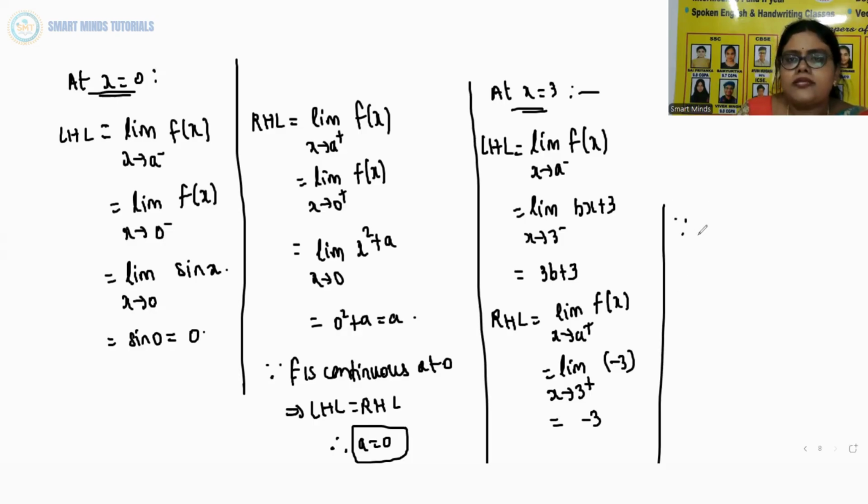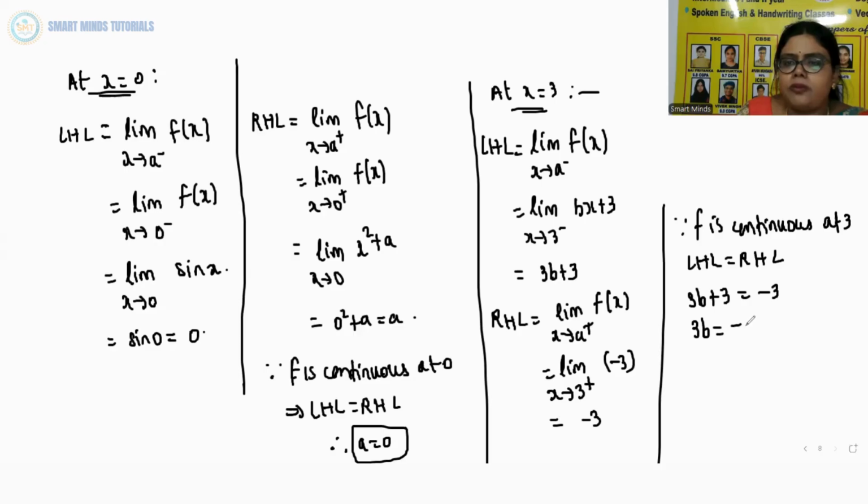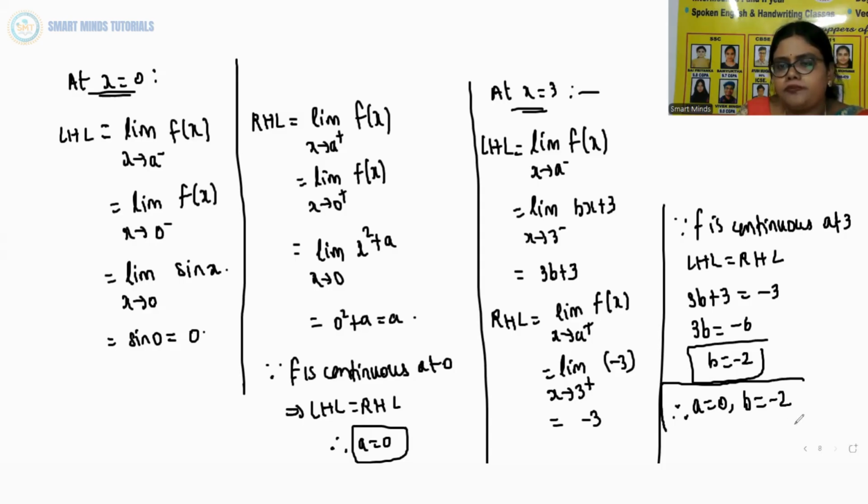Now again, since f is continuous at 3, we can write left hand limit is equal to right hand limit. So 3b plus 3 is equal to minus 3. 3b is equal to minus 6. b is equal to minus 2. Finally, we need to conclude. Therefore, a equals 0, b equals minus 2.